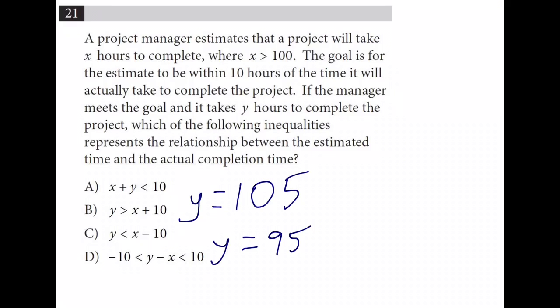So to approach this problem, let's take two test cases where, for example, y is equal to 105 and y is equal to 95. These are the number of hours that it would take to complete a project. We know that x has to be greater than 100 and we want it to be within 10 hours. So let's choose for x, for both of these, something like 103. If we plug these numbers into A, B, C, and D, which ones start to make sense?